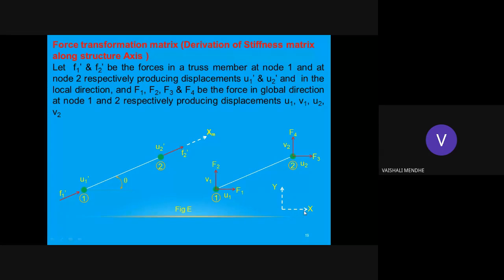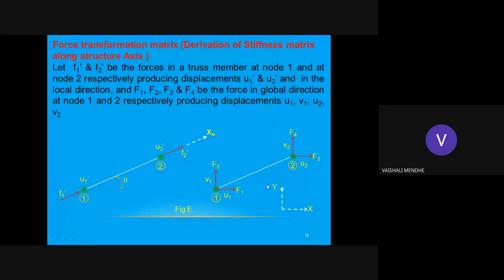Along x there will be a force at node 1, which is denoted by F1, and at node 1 along y, F2. Similarly U1 is the displacement at node 1 and V1 the displacement at node 1 along the y direction. Similarly, at node 2, force along x is denoted by F3, force along y is denoted by F4, and along y the displacement is V2, along x the displacement is U2.